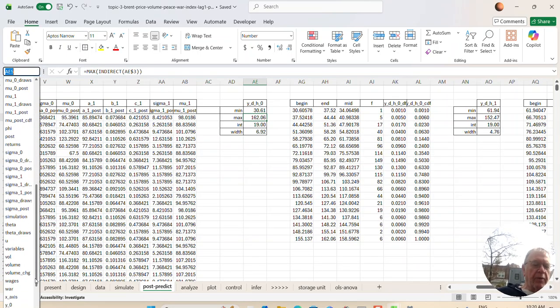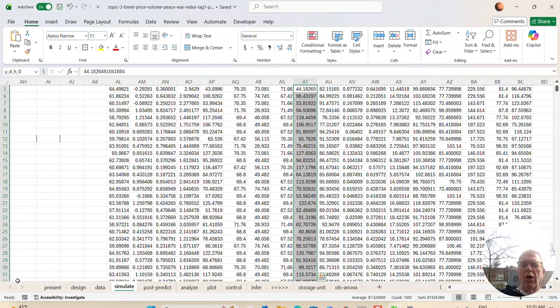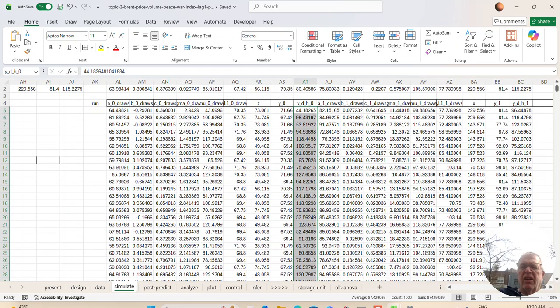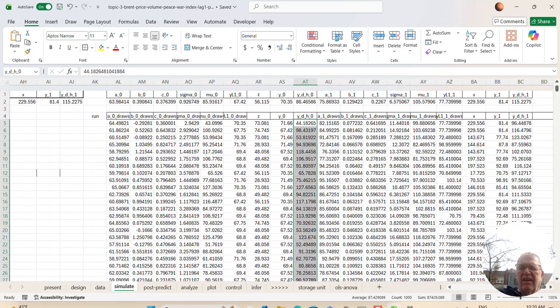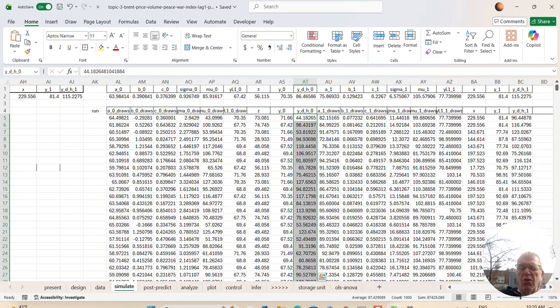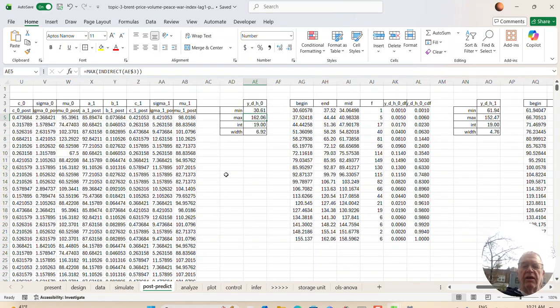Not a problem. There we go, there's YDH0. It is what we drew in the original simulation. It's in AT, and this whole range is a variable now, called YDH0. We have one for all of these now. Okay, and that's how this starship works. Yes, indeed.